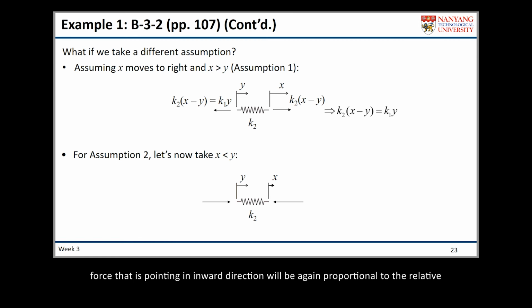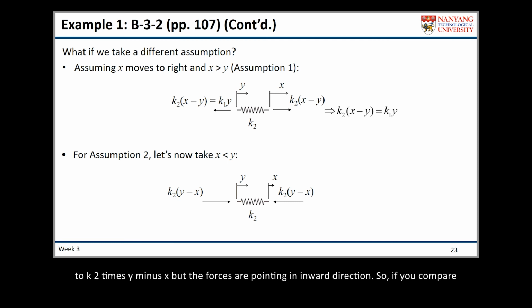And the applied force that is pointing in the inward direction will again be proportional to the relative deformation. But in this case y is greater than x, so the relative deformation will be y minus x, pointing in the inward direction. So the force applied to this spring is equal to K2 times y minus x.